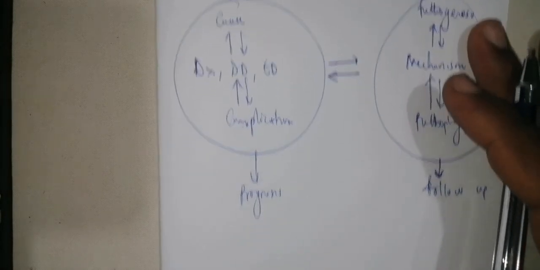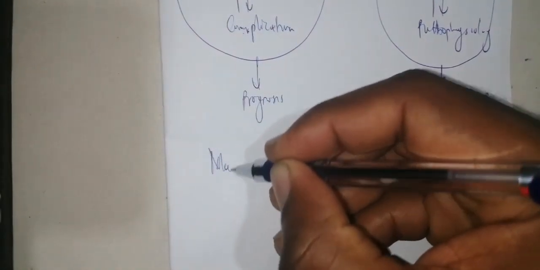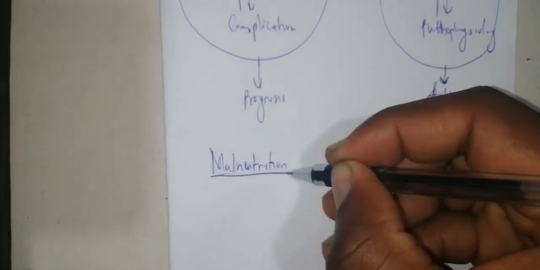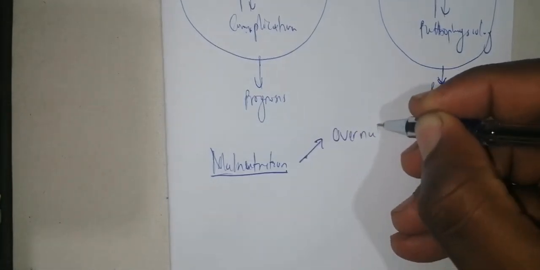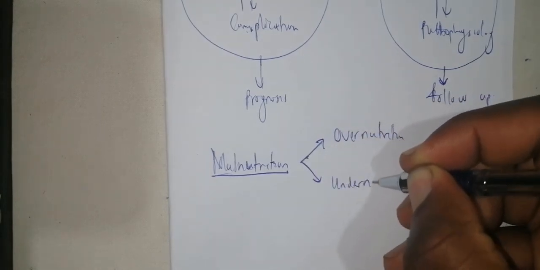Now, in the introductory part of malnutrition, you need to first know that malnutrition is defined as either overnutrition or undernutrition.